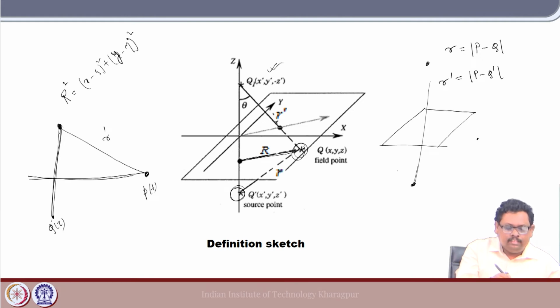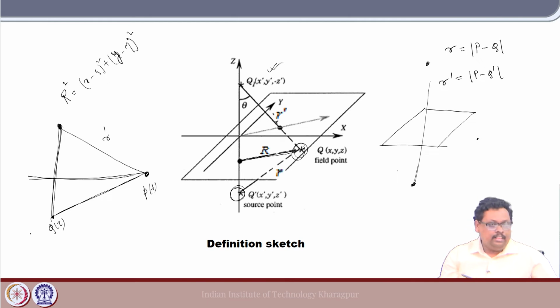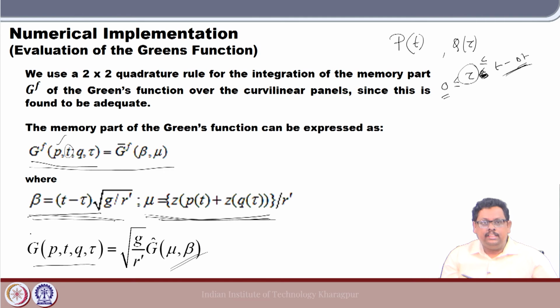the image point. Now if I do this, then you can see here that my transformation is nothing but the z coordinate of the present time step plus the z coordinate of the previous time step, right, and divided by r dash.